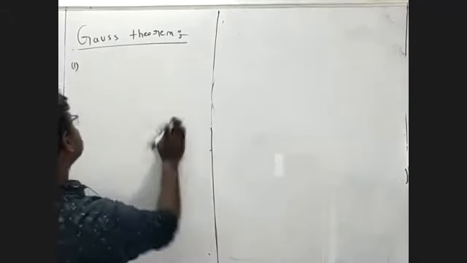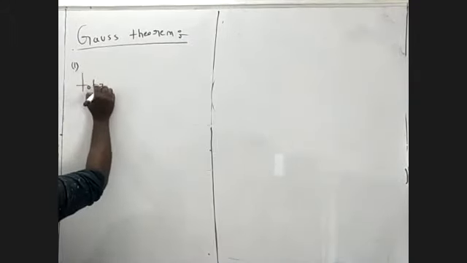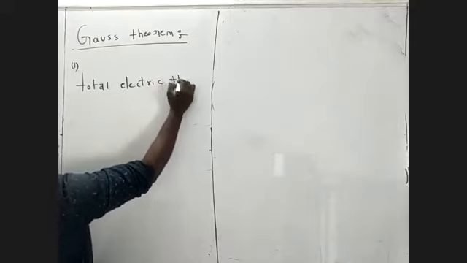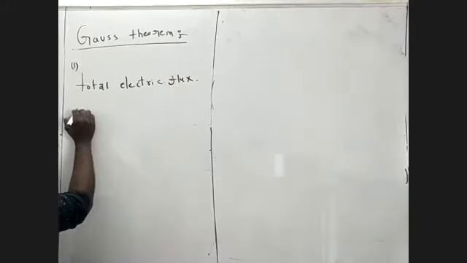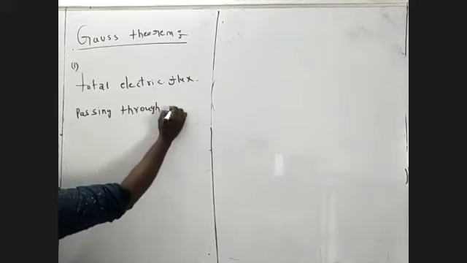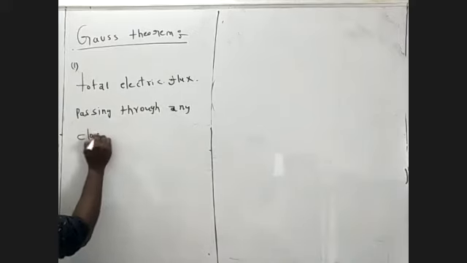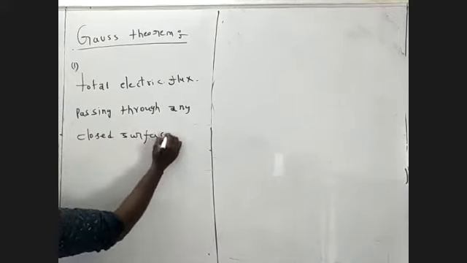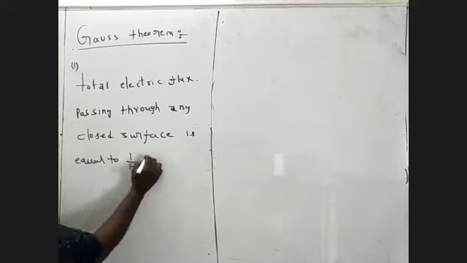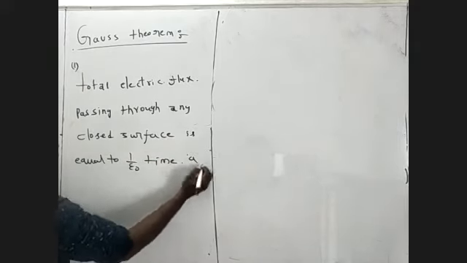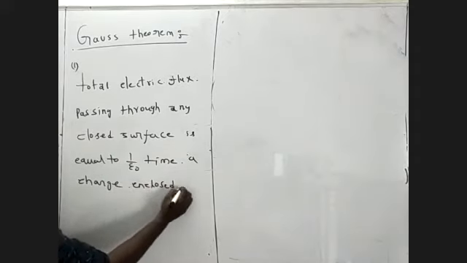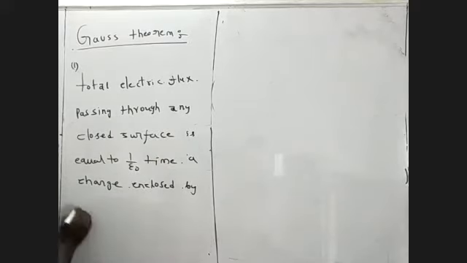So Gauss law: total electric flux passing through any closed surface is equal to 1 by epsilon naught times the charge enclosed by a surface.